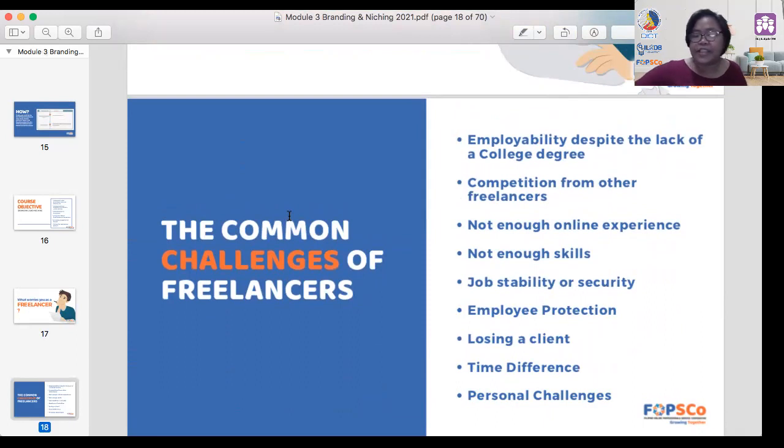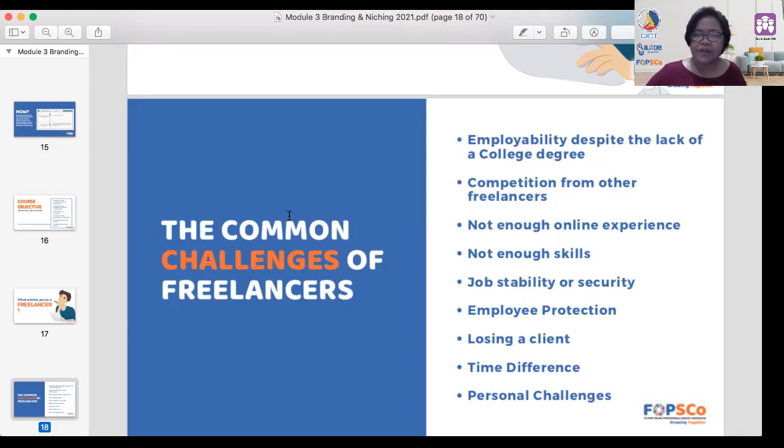And you're competing not only with Filipinos, you're competing with the international markets. Not only with fellow freelancers actually, because there are also companies or things that offer the same service. So it's really a challenge, competition.